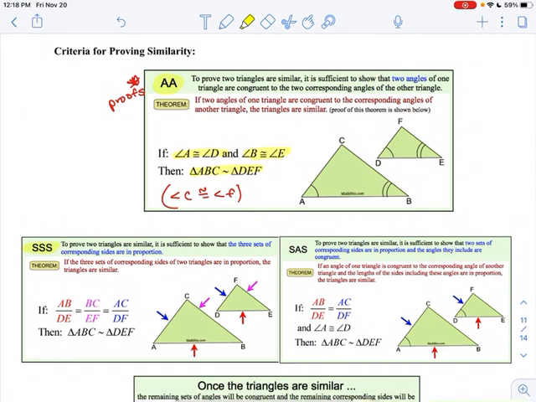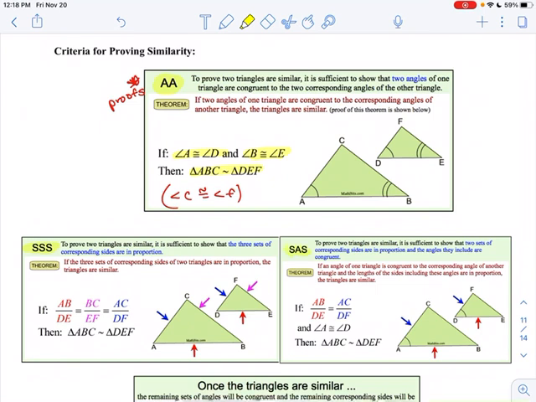All right, so if I know that AB over DE, those are the sides I have marked with the red arrow, equals BC over EF, those are the sides I have marked with the purple arrow, and if they are in proportion to AC and DF, which are the sides with the blue arrow, then my triangles are similar to each other. So again, the sides are not congruent, they're just in proportion.